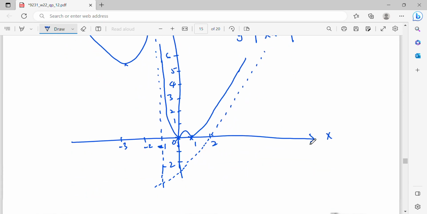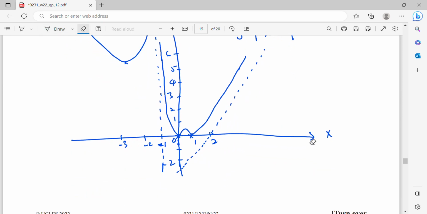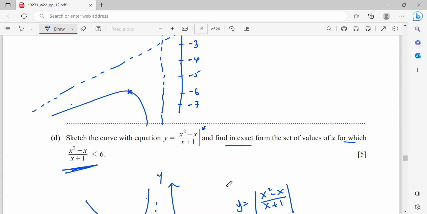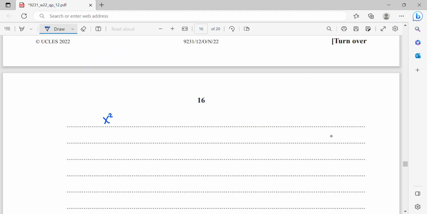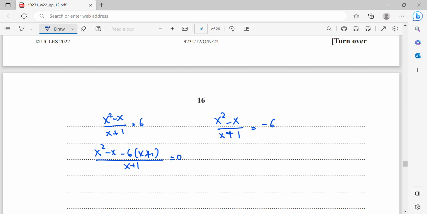Now to solve the last part. Okay, so to solve this, what we need to do is we solve equal to 6 and minus 6 first. So get the same denominator. Right?